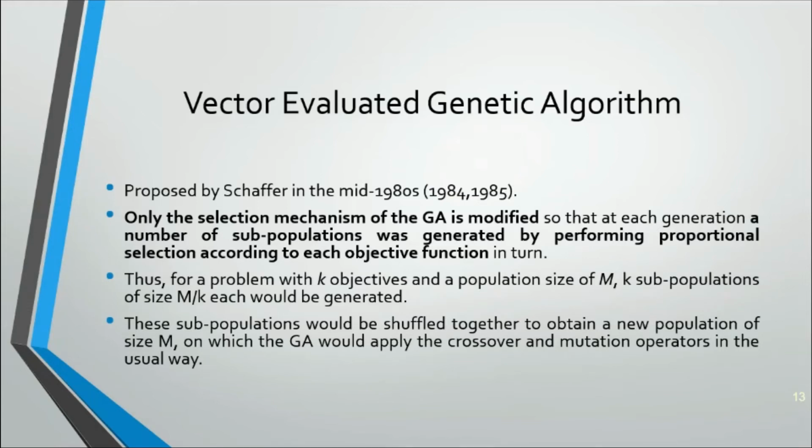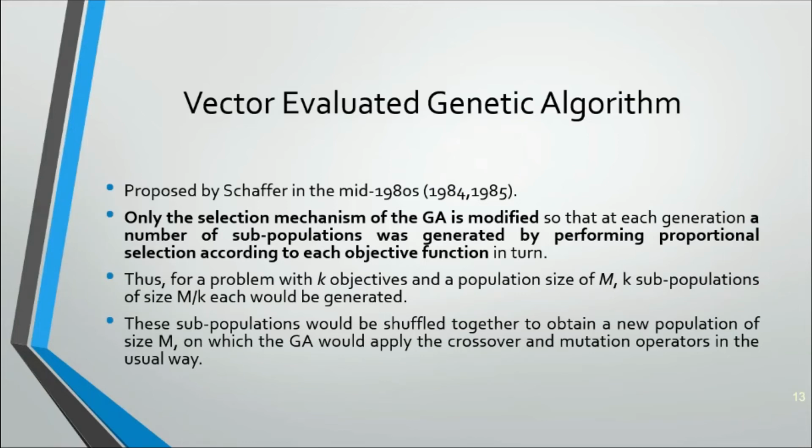Each subpopulation is generated based on each of these objective functions. That is, objective function 1 is used to select subpopulation 1, subpopulation 2 is selected based on objective function 2, and subpopulation 3 is selected based on objective function 3.